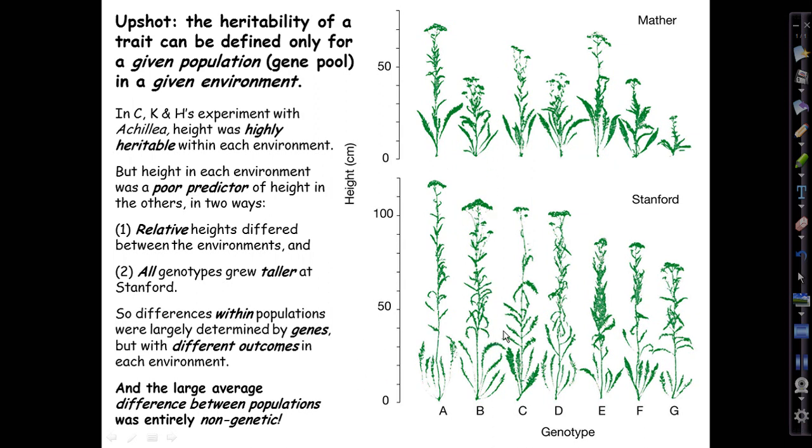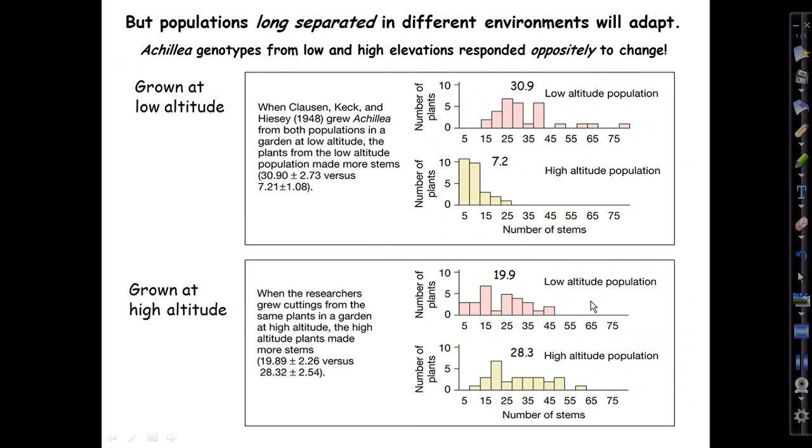There were no differences in genes. This example makes this easy to understand. Both populations were genetically the same, and yet they had this large average difference, but there was huge heritability within each population.